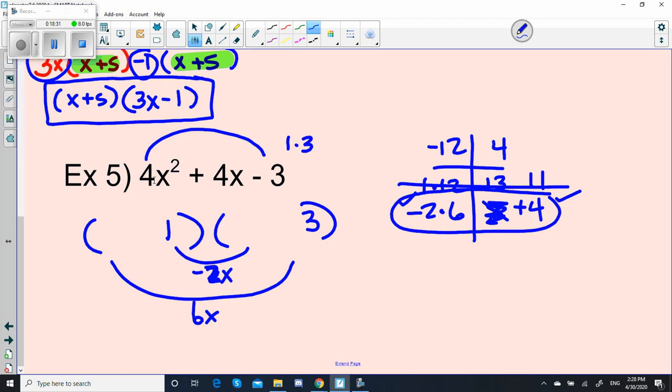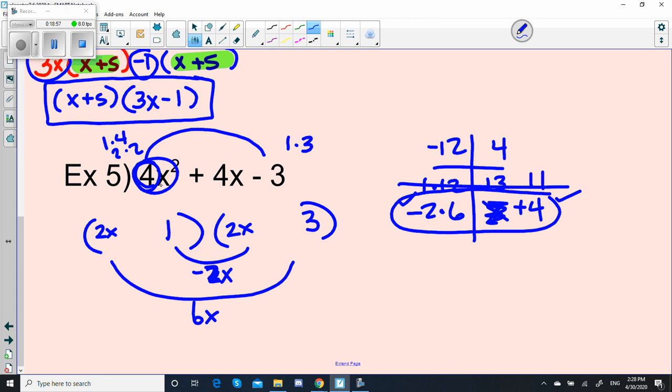Okay, so let's go over here. So I need 3 times something that will give me 6x, but I need it to equal this one times this one need to equal 4x squared. So my only possibilities are 1 times 4 and 2 times 2. Well, I need a 2 right here because 2x times 3 is 6x. So let's try 2x times 2x because these two have to multiply to that.